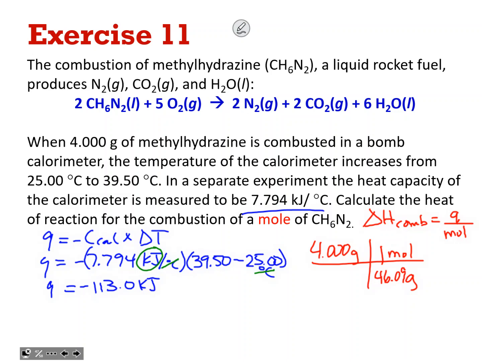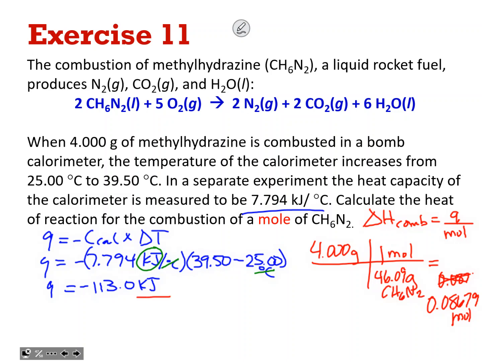So how many moles of our methylhydrazine here? Okay, that's going to be 0.08679 moles. Yes, we start out with 4 digits here, so we should keep 4 in our mole number.